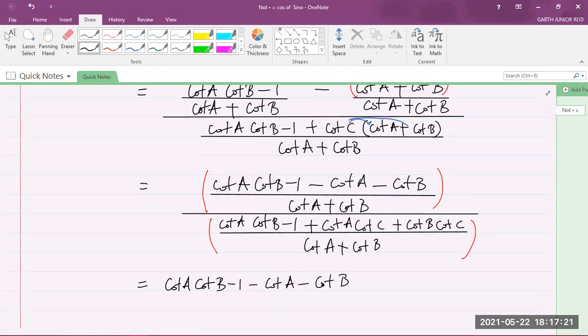And I'm dividing that by cot A plus cot B.